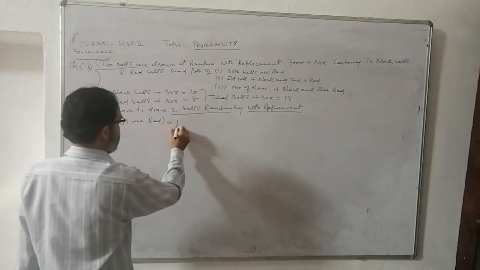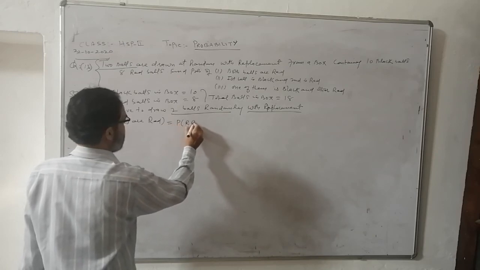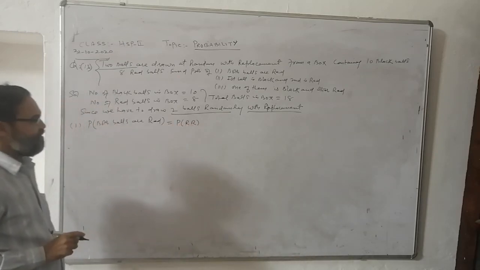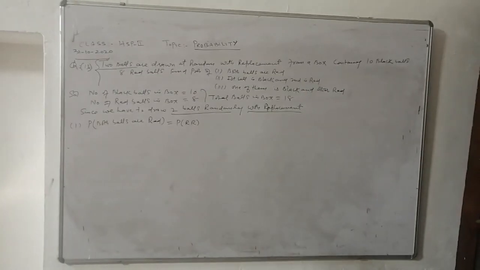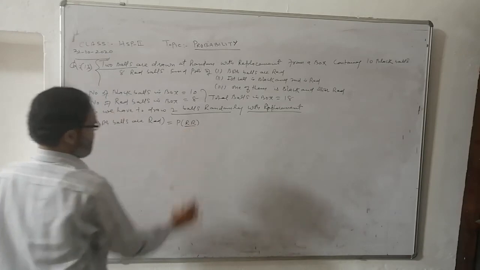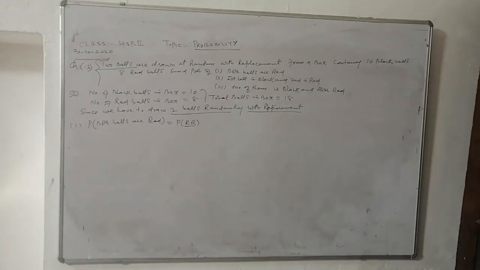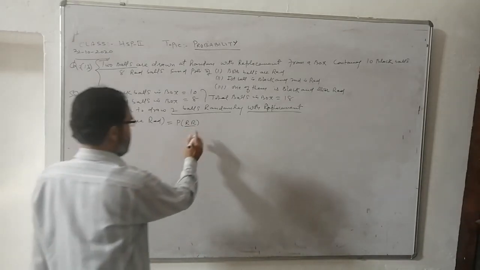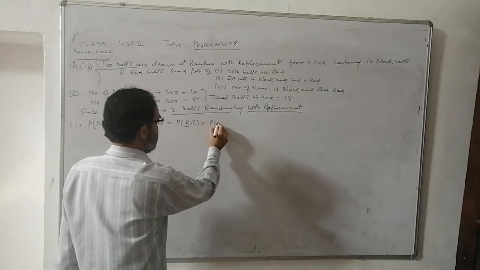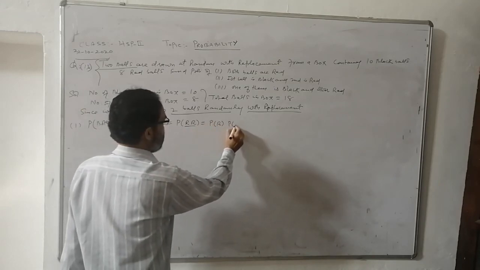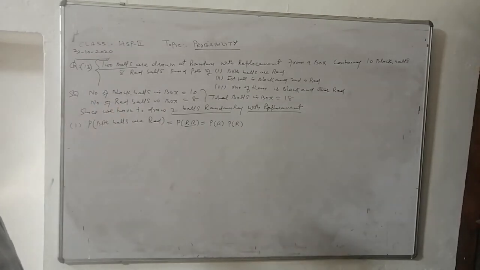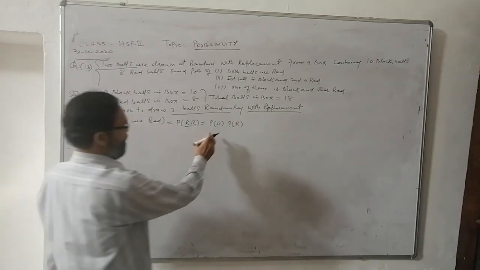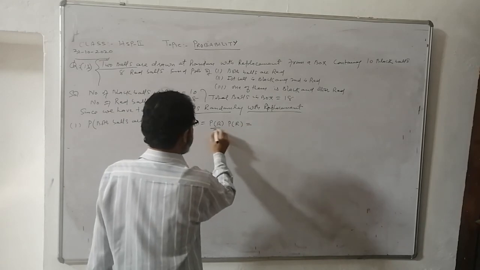This can be written as P(RR), where R stands for a ball red in color. Both are the two balls which I have drawn out of the box, and both should be red. So this will equal the probability of red times the probability of red.